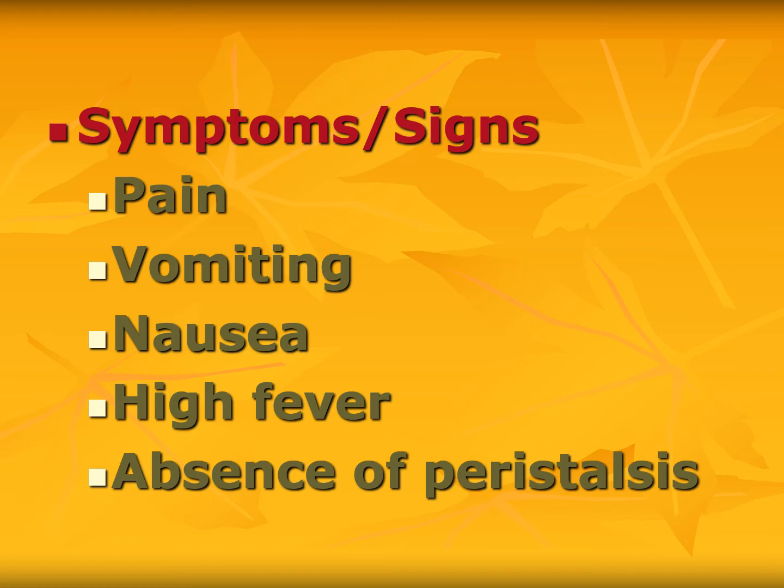The classic presentation is a brief course of nausea and vomiting, and the patient has a low-grade fever, typically around 100, maybe 101 degrees Fahrenheit. Peristalsis may be slowed down because they're not eating. It may be absent, but again, that is not real common.